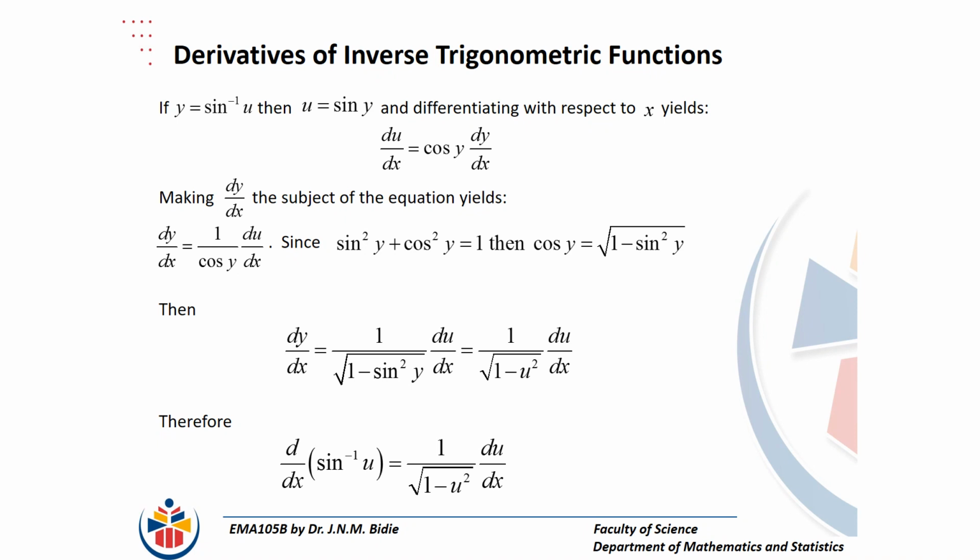Therefore, when we want to find the derivative of arcsine u, its formula is 1 over the square root of 1 minus u squared multiplied by the derivative of u with respect to x.